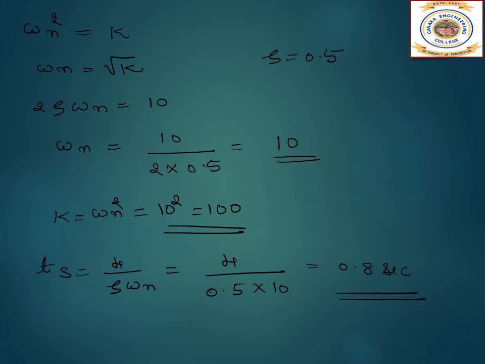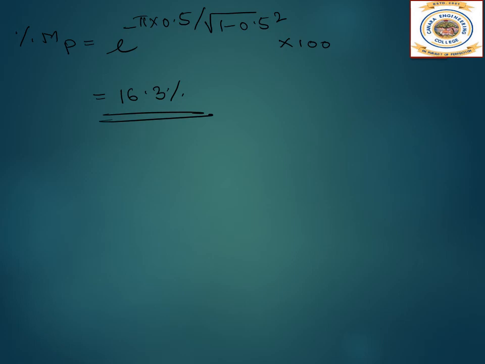Next, the peak overshoot is asked. So peak overshoot, percentage Mp, is equal to e power minus pi zeta, where zeta is 0.5, divided by root of 1 minus 0.5 square, into 100. Use your calculator, you get 16.3 percent.